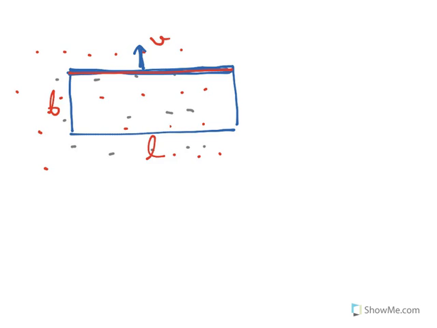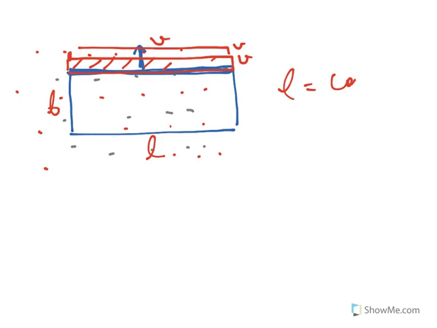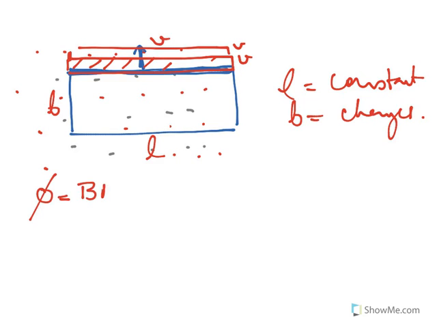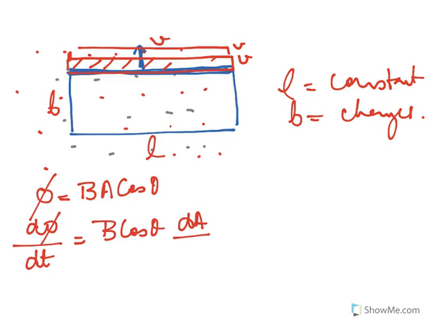So every 1 second the breadth increases by v. In the next 1 second again the breadth increases by v. So in this case the length remains constant, but the breadth changes. So phi being equal to BA cos theta, d phi dt is equal to B cos theta dA dt.